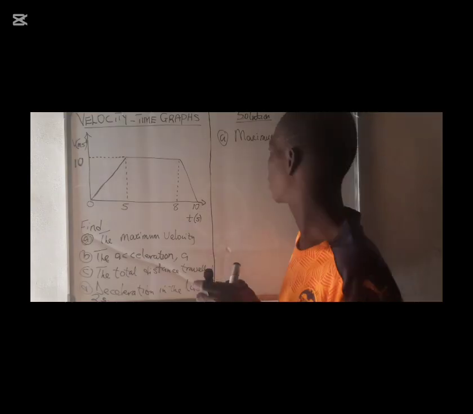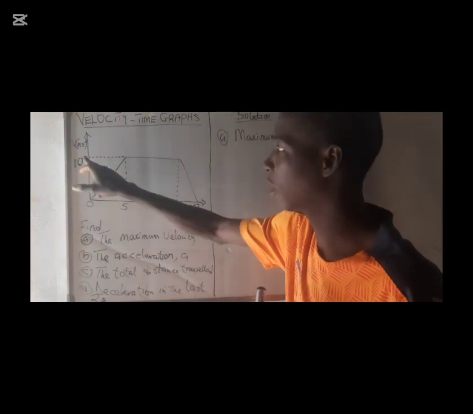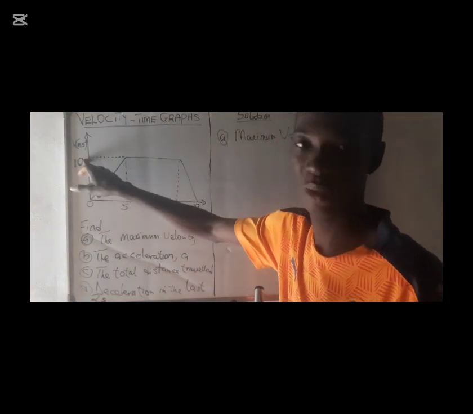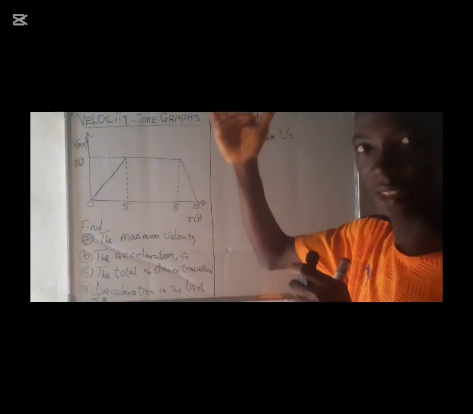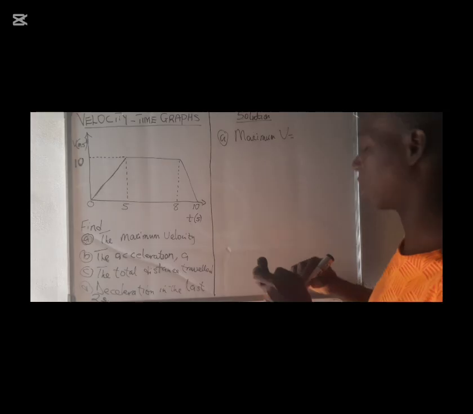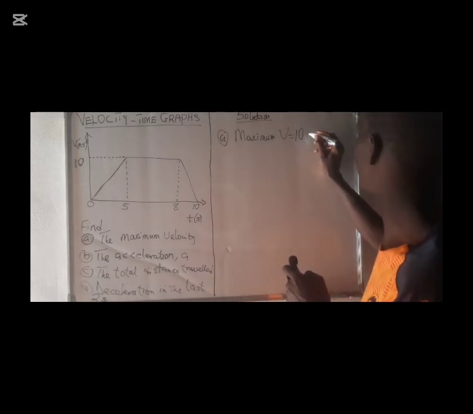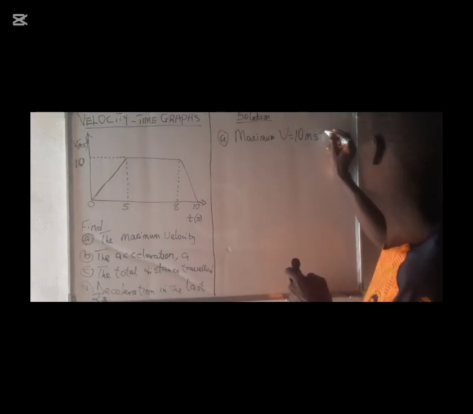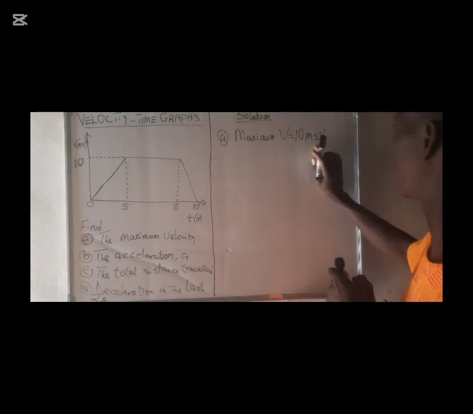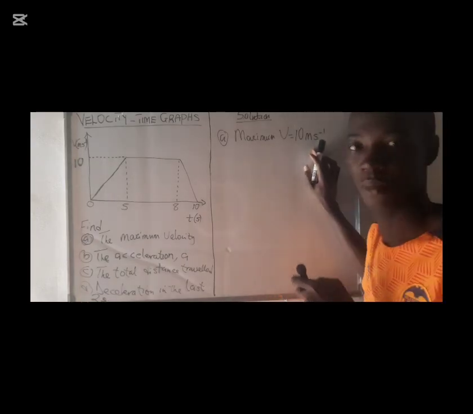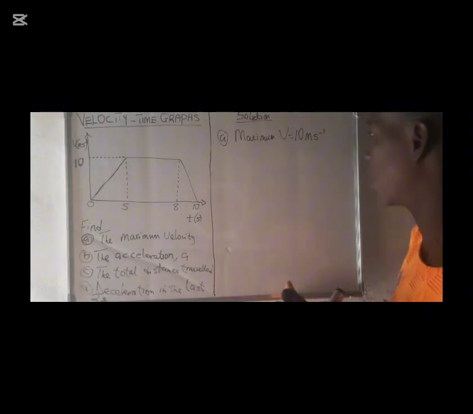This is our initial velocity, and this will be the final. So the maximum, the highest velocity, is 10 meters per second. Always indicate the unit. Don't forget the unit. This is the unit of velocity. 10 meters per second is our maximum velocity.